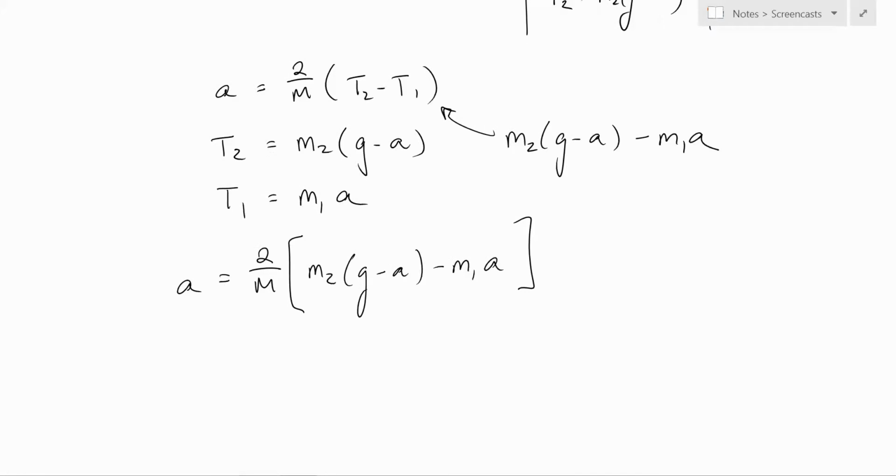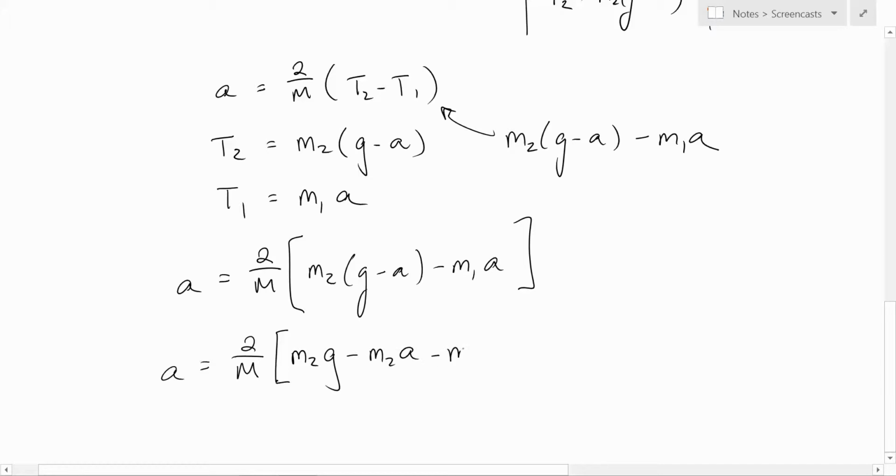Now I just need to isolate A because everything else is totally good. And this is totally doable, I'm sure. 2 over M, M2G minus M2A minus M1A.